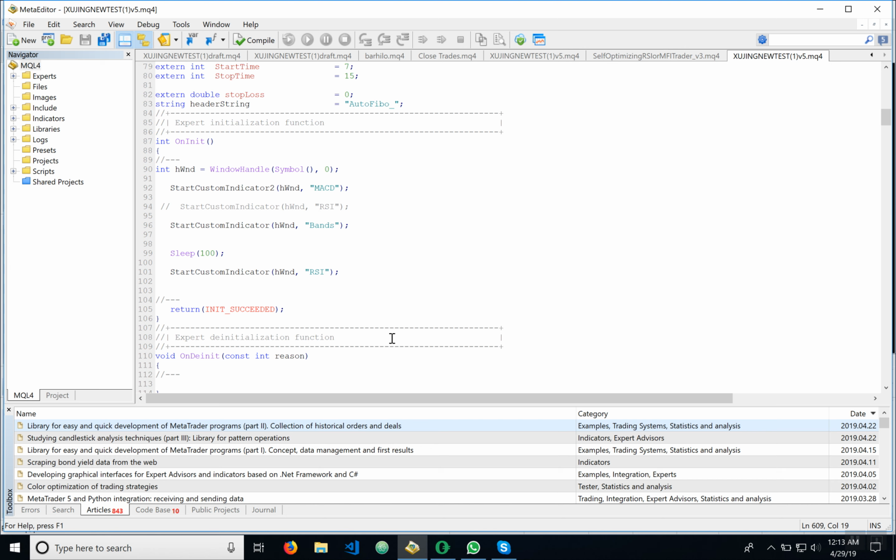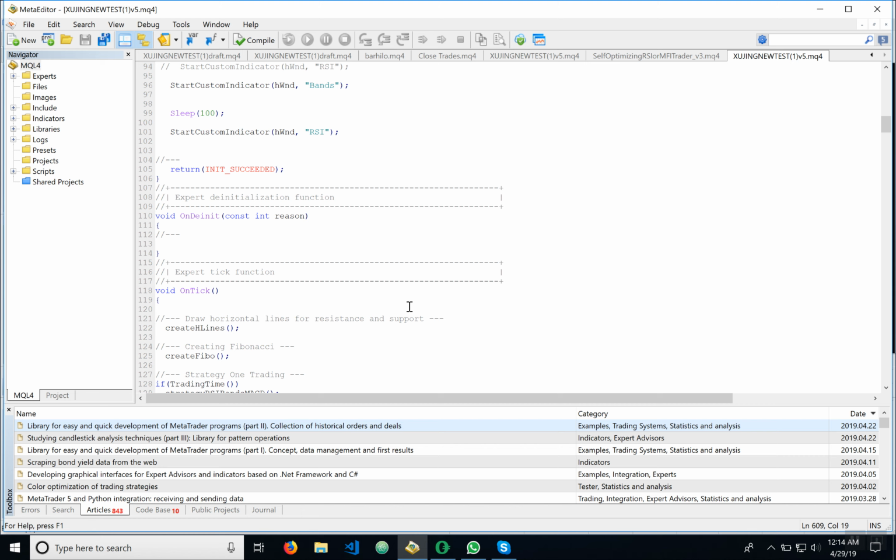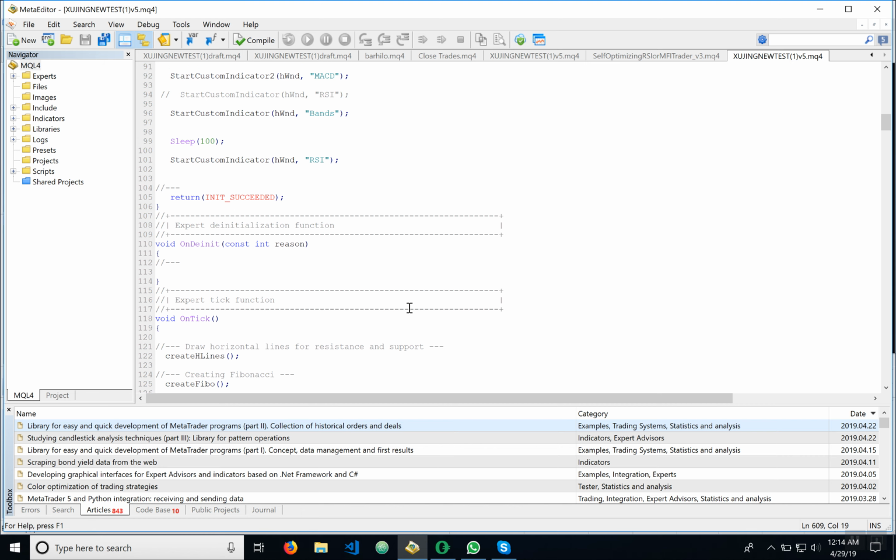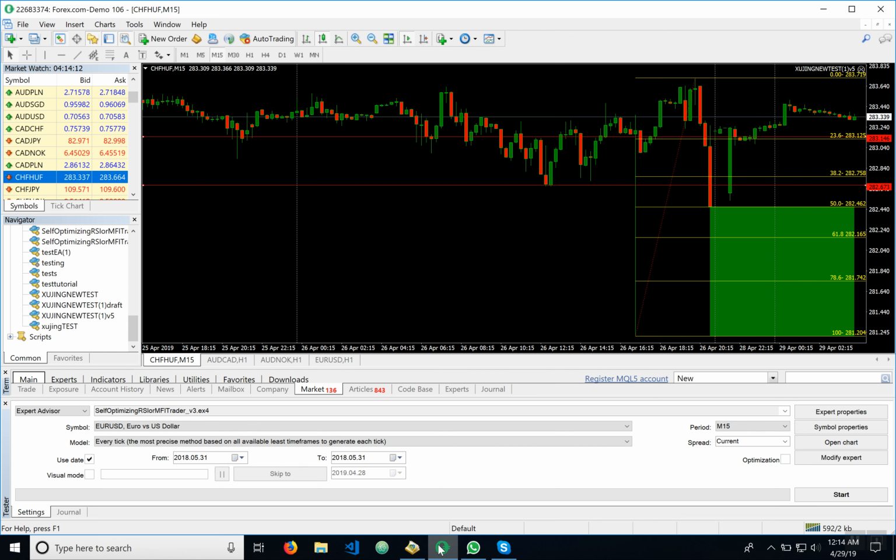So first, as we can see, we have our OnInit function here, and we have our start custom indicators set. So these are what we're going to load: the MACD, Bollinger Bands, and the RSI indicators. So before we move on, let's take a look at what that looks like.